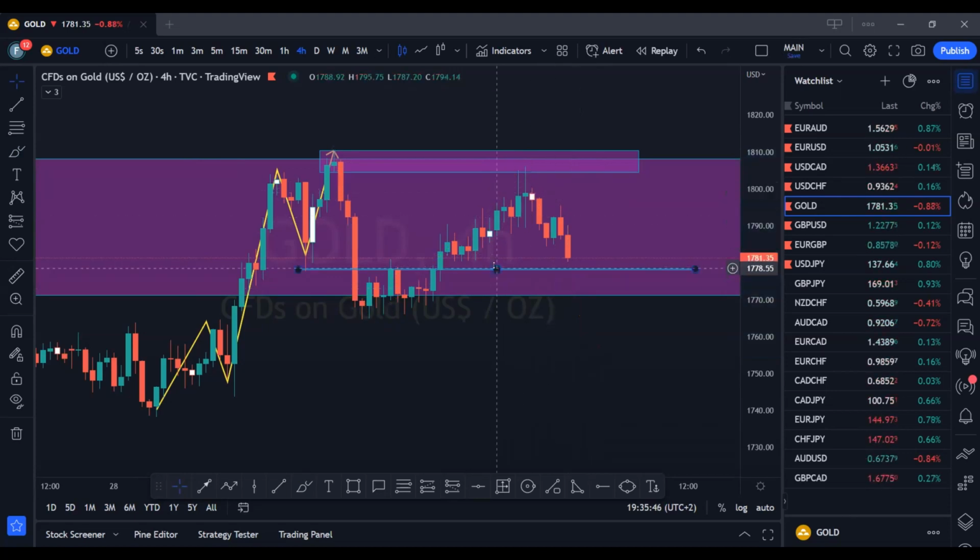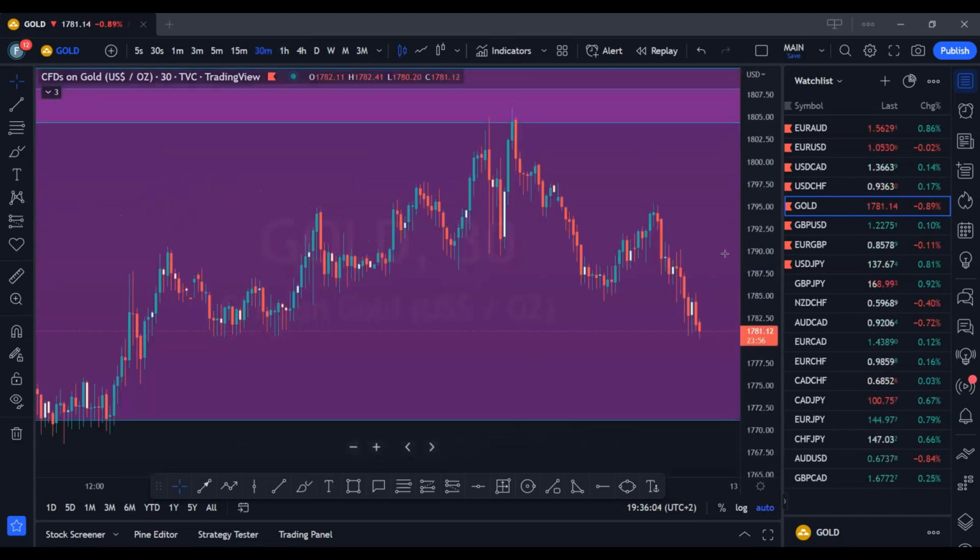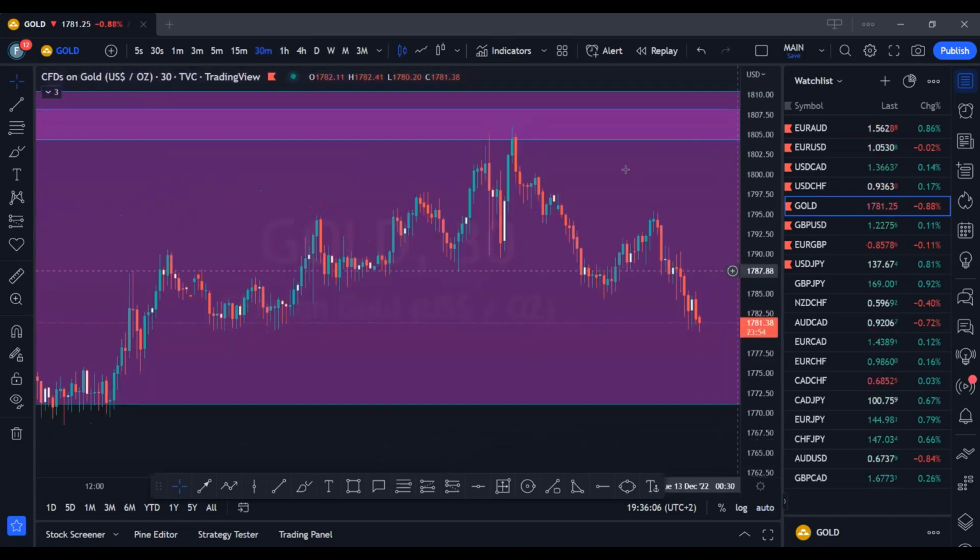So let's look at where price is possibly going to correct itself. So the move has already started on 4 hours. For people that took it, a big congrats to you. Let's go to the 30-minute chart and see the best place to take entry.